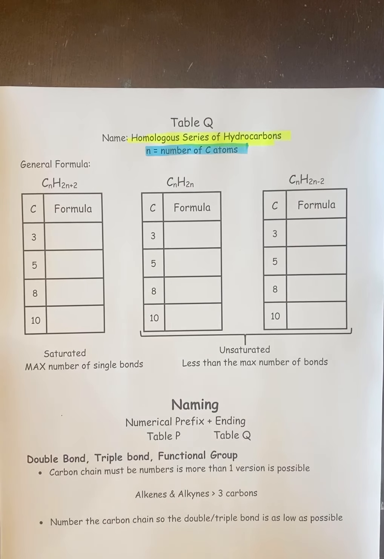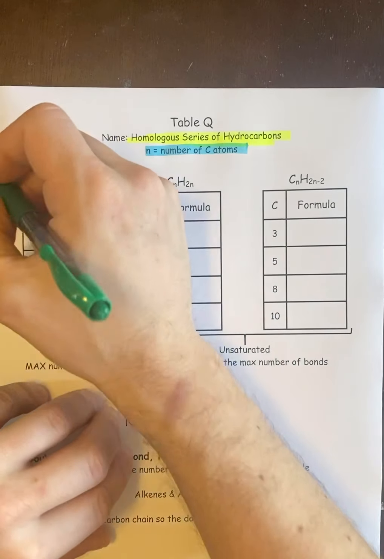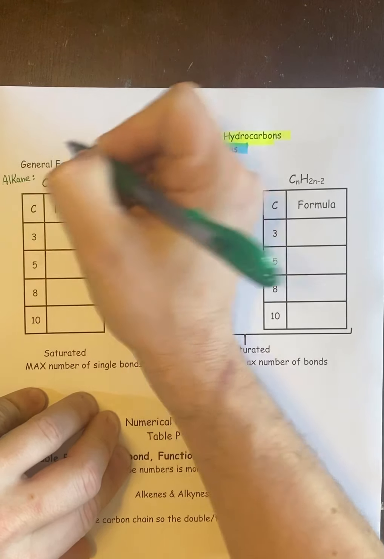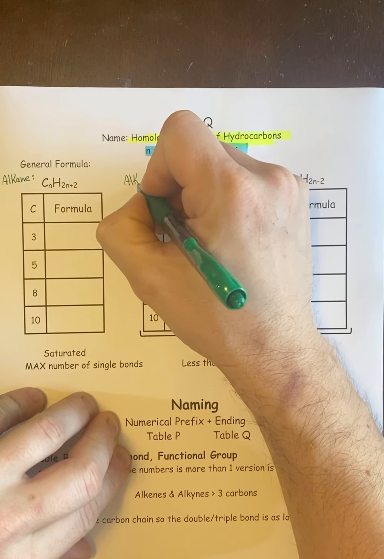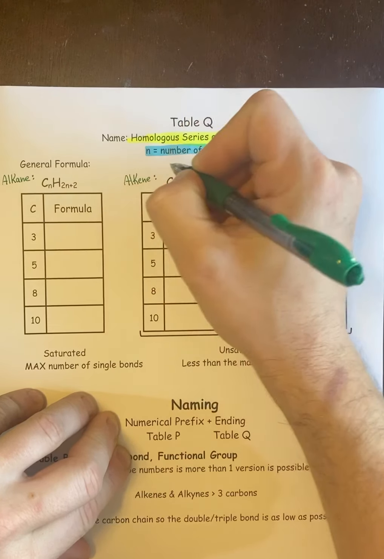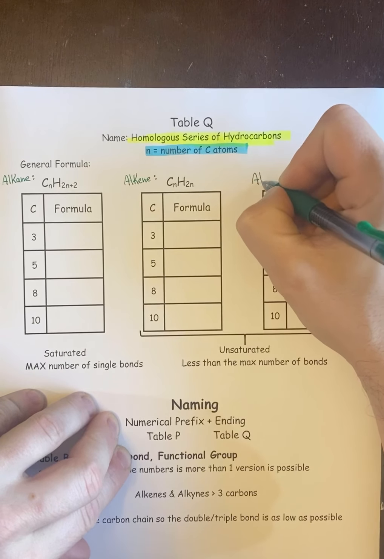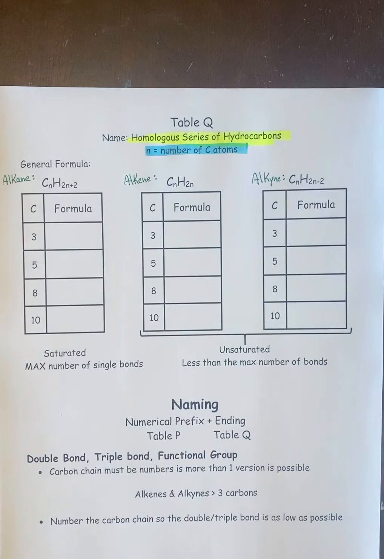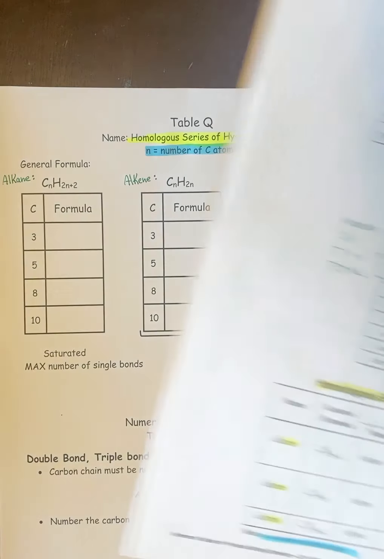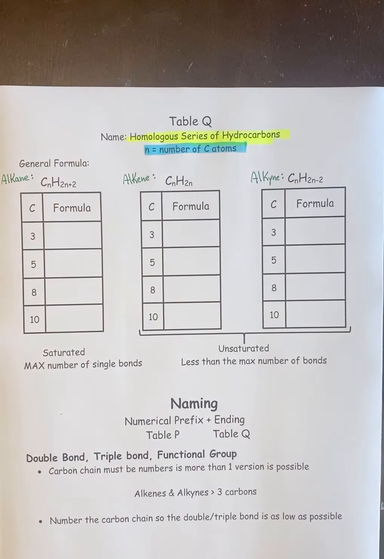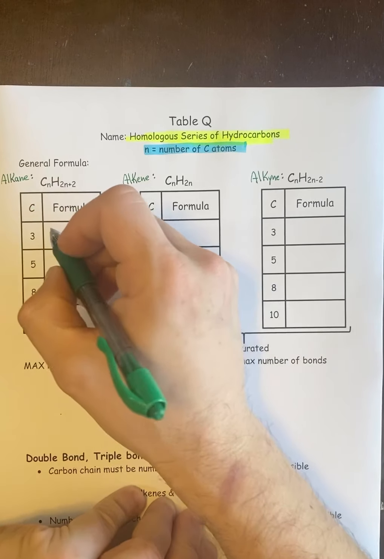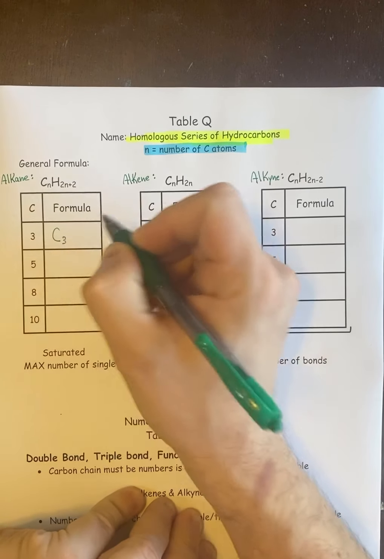So your general formula for the alkanes, so these guys are alkanes. So the general formulas are right there. They're also found on table Q, listed in order, right? So for C3, N is the number of carbons. So that would mean that I would have 3 carbons, so it would be C3.